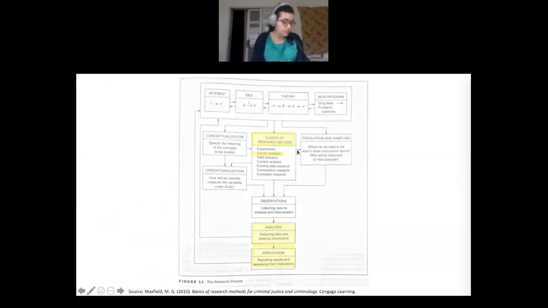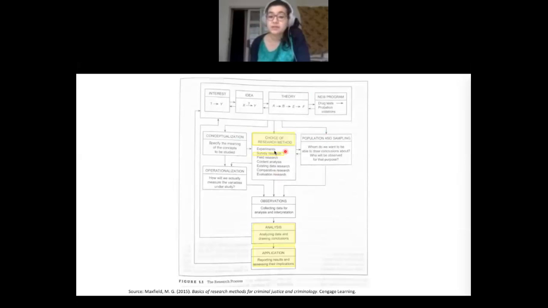So in our prior lectures, we've talked about how to construct theory into ideas and questions and interests, and how we conceptualize these broader ideas into things that are more tangible that we can communicate and analyze. And then how to ensure that the way that our data is constructed, the space that we're taking them from, the sampling, is representational so we can actually make statistical conclusions and measure our error.